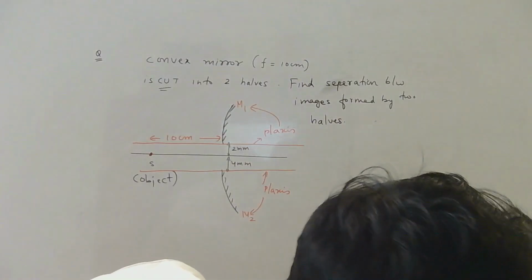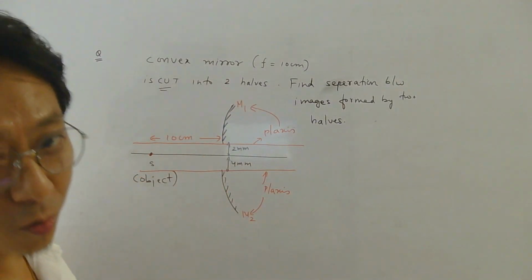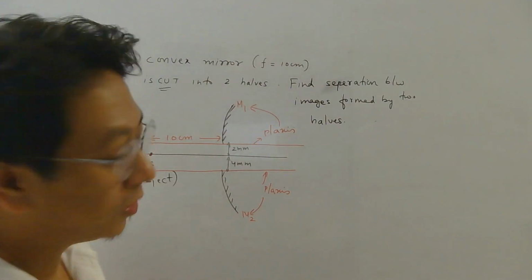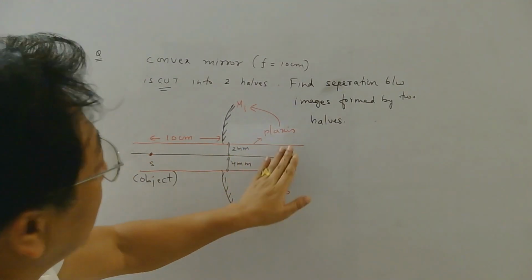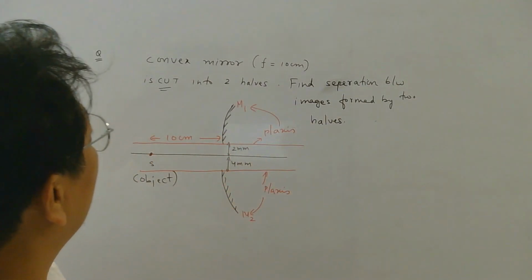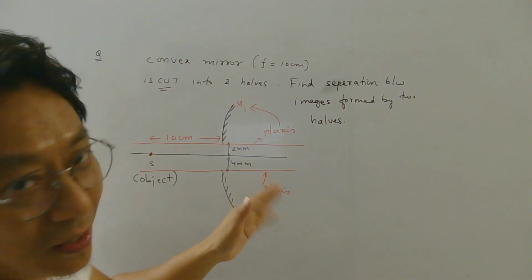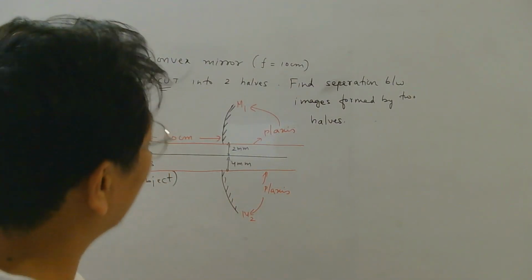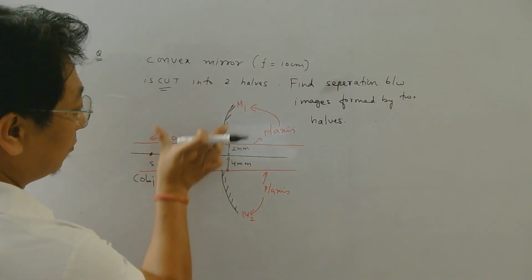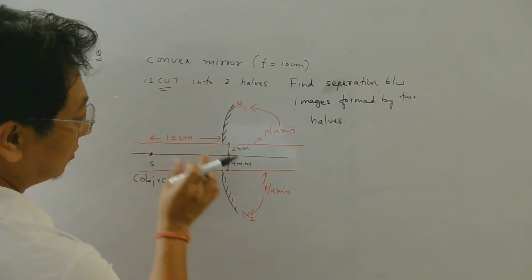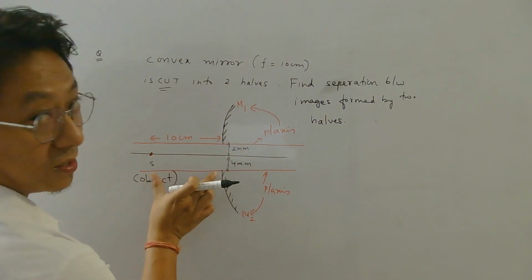Now, since it is a convex mirror, we know the image formed will be virtual. So it will be behind the mirror, right? Somewhere here. And there is no need to find the image distance because the object distance is the same for both the mirrors, right? This is the object distance. This is the object distance, isn't it?